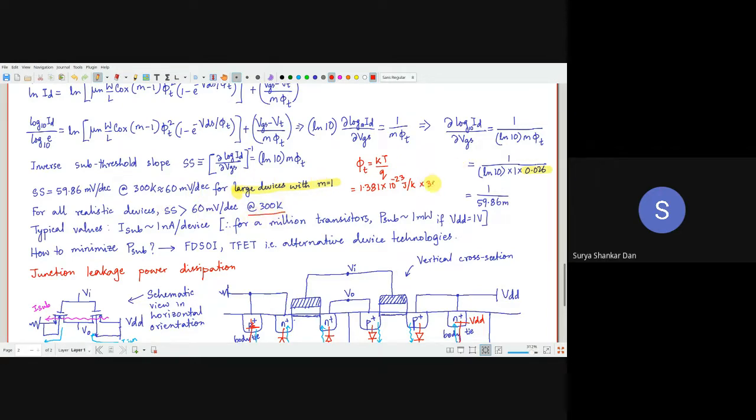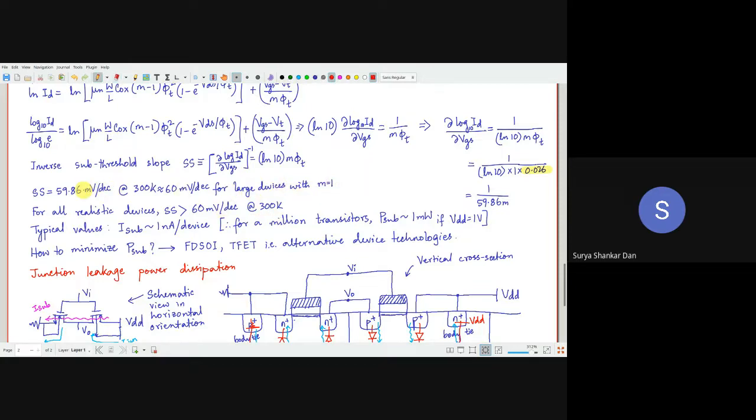So put 300 Kelvin divided by electronic charge 1.602 10 to the power of -19 coulombs. The Kelvin cancels, and then joules per coulomb. Joules is basically coulomb into volts, so it comes in volts. We have written it in millivolts because it is in milli. Remember what I'm trying to emphasize is that 300 Kelvin is important.